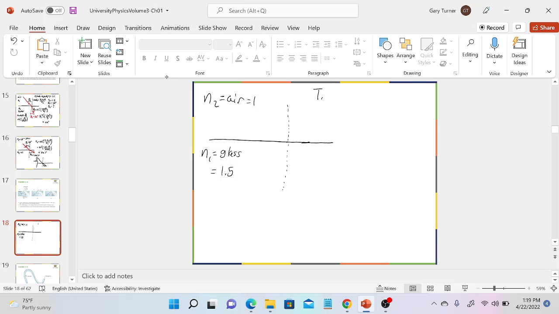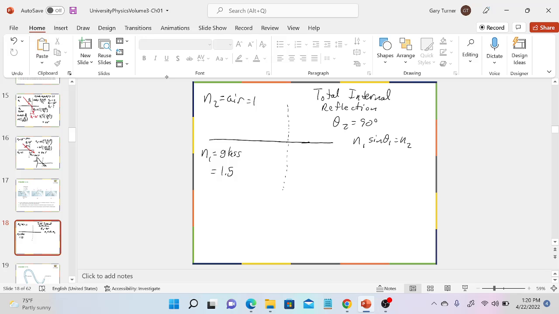Right? When does that occur? Total internal reflection occurs when theta 2 is equal to 90 degrees. Okay, so total internal reflection occurs at this condition, right?